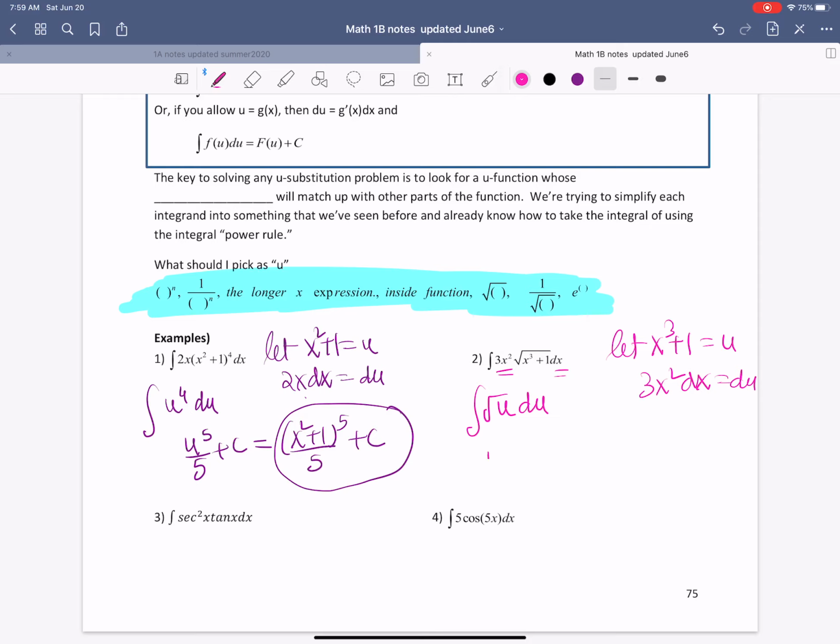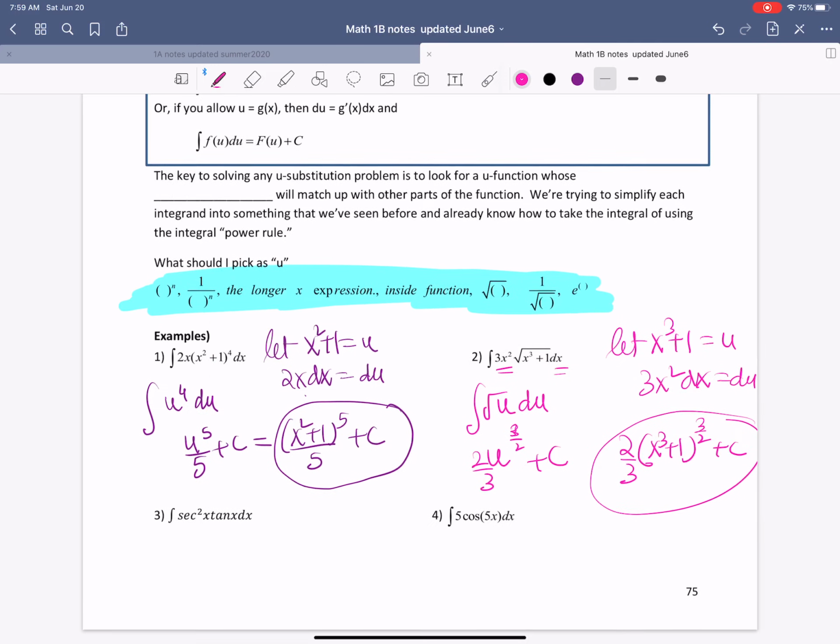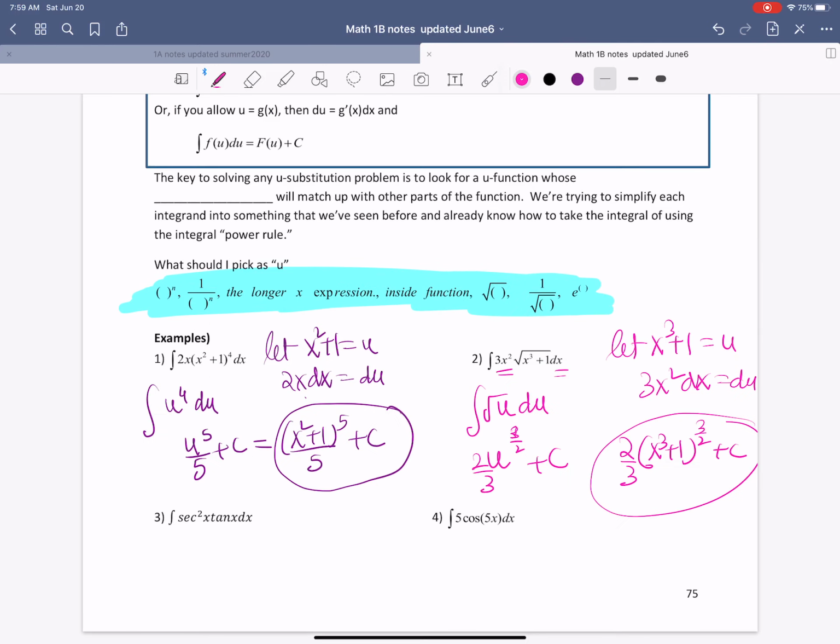The integral of square root of u is u to the power 1/2 plus 1, which is 3 over 2, and also divide by 3 over 2, which is the same thing as multiplying by 2/3. And I'll plug the u back. And that's our integral.